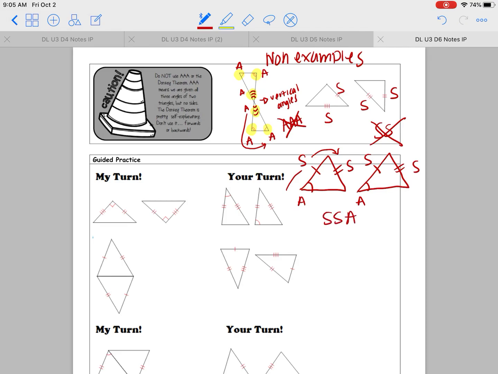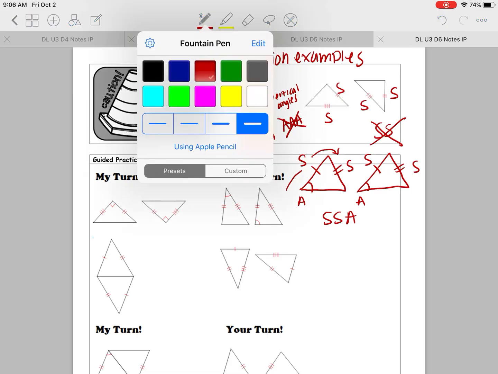Because that is not enough information, we can use that theorem to say that this will not be enough information to prove that these two triangles are congruent. Remember, the angle must be the included angle, so the angle must be the one in between the two given sides.